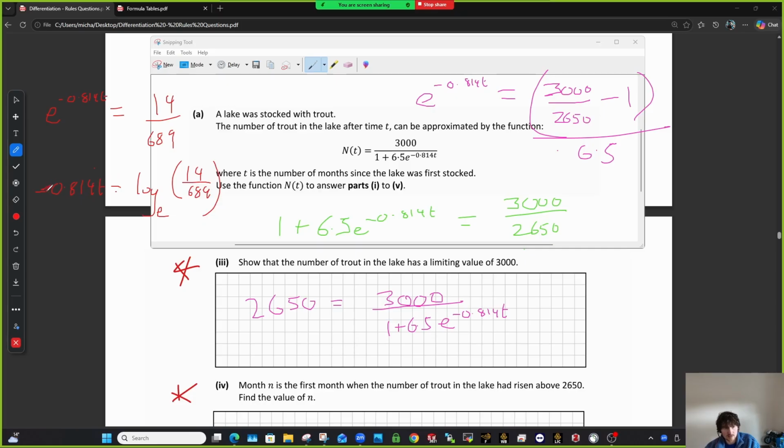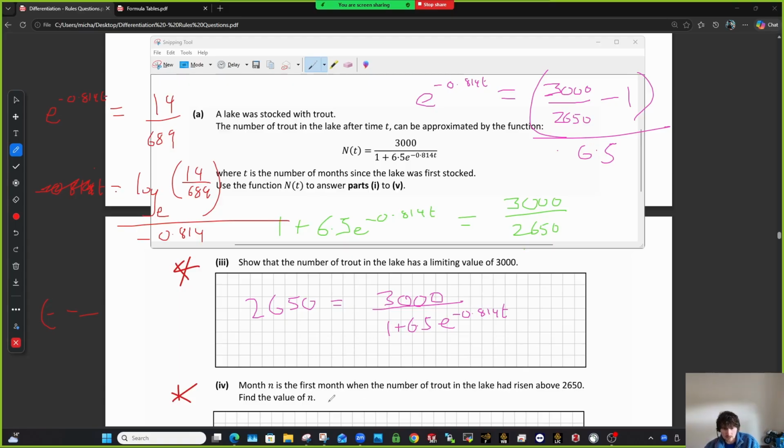So this is equal to t, and on your next line you divide: t equals ln of 14 over 689, divided by minus 0.814.